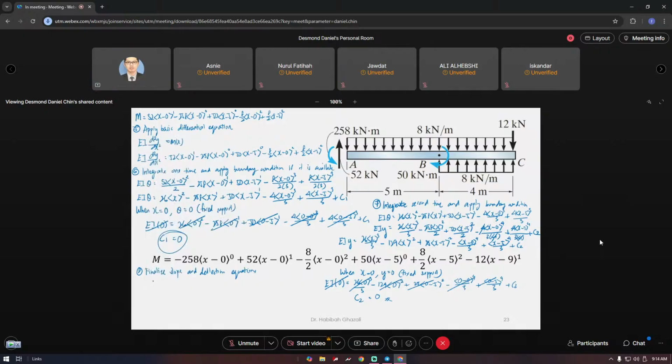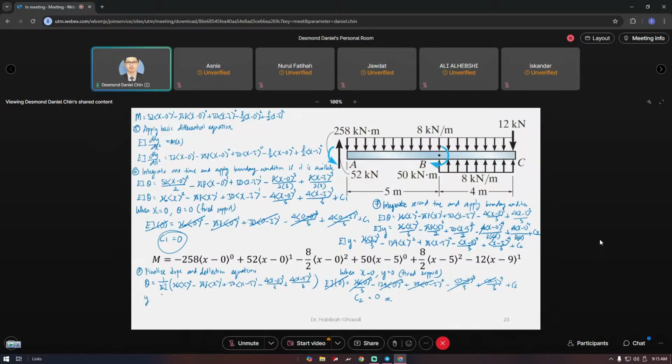Theta is equal to 1 over EI times 26x squared minus 258 x to the power 1 plus 50 x minus 5 to the power 1 minus 4x minus 0 cubed plus 4x minus 5 cubed divided by 3. This is my slope equation.